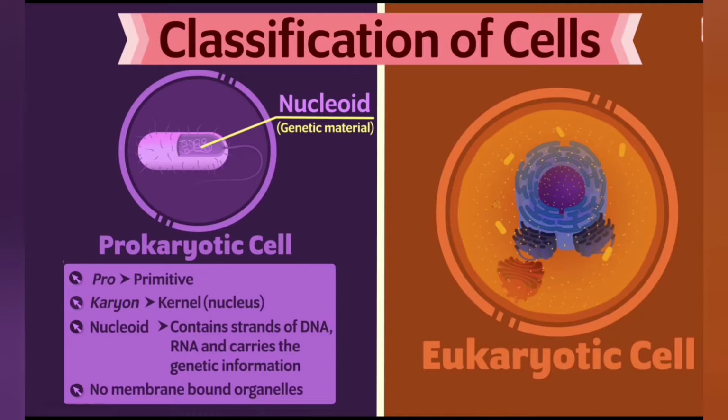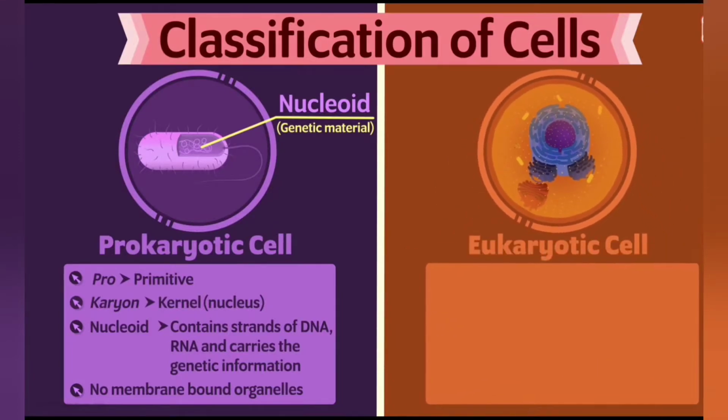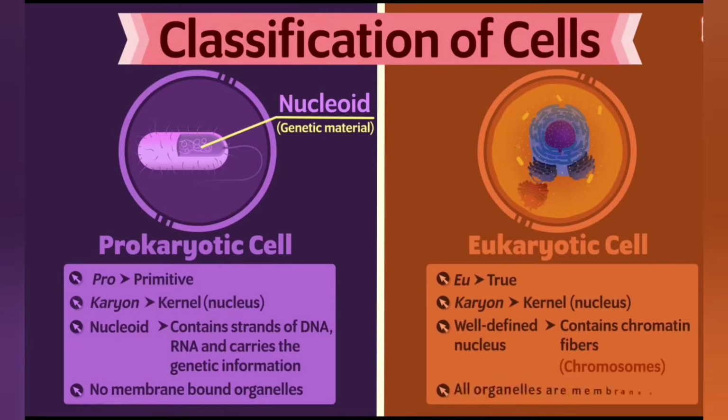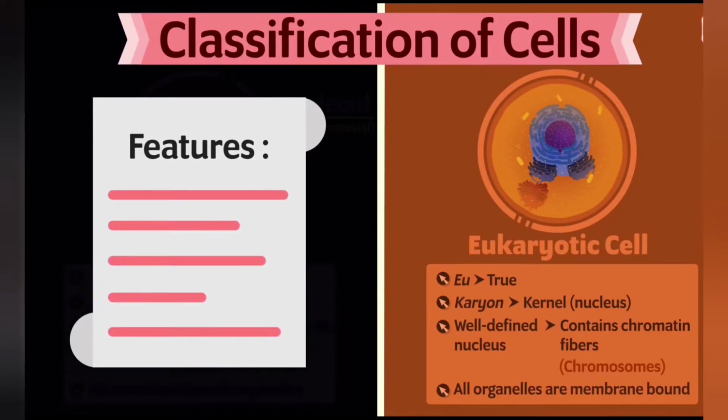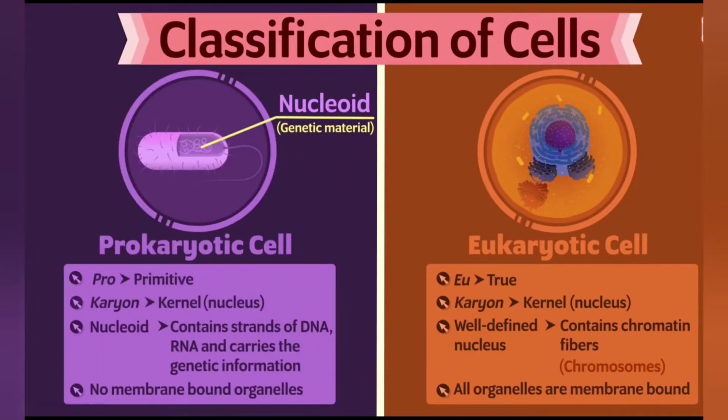The next obvious difference is that the organelles are also not membrane bound. This means the prokaryotic cell does not have well defined membranes for the different organelles. On the other hand, the eukaryotic cells, which means cell with a true nucleus, have well defined membranes for the nucleus as well as the other organelles.